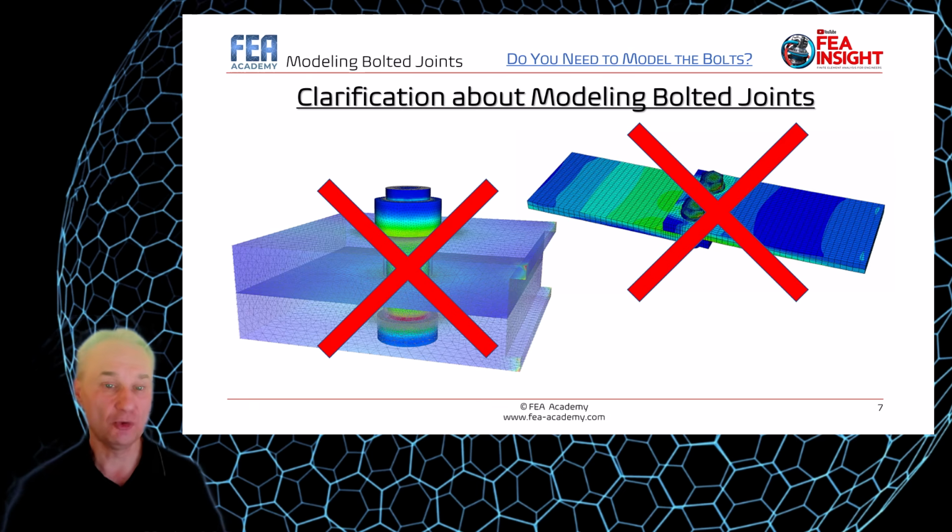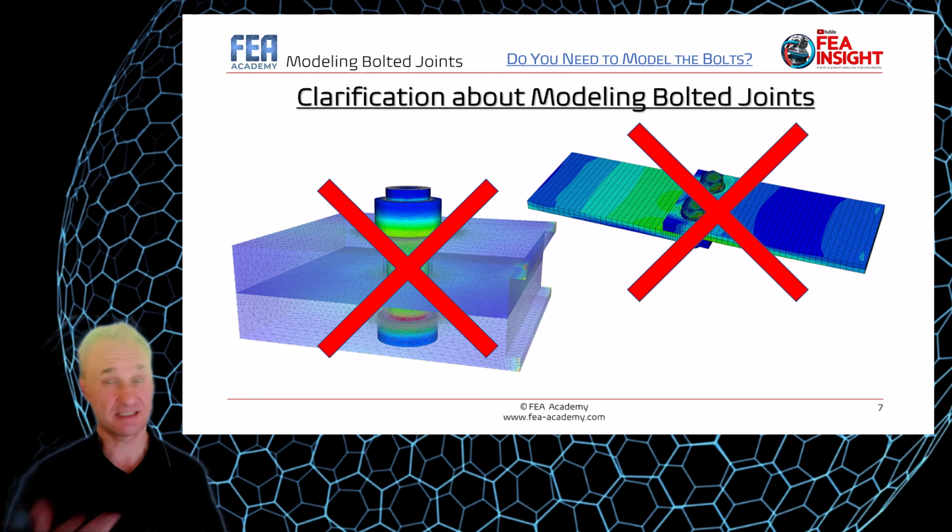So the bolts are discretized using MPC or 1D elements with their representative stiffnesses. The loads in shear and tension captured with the FEM are used to verify if the bolts and the assembled parts can withstand the loads.